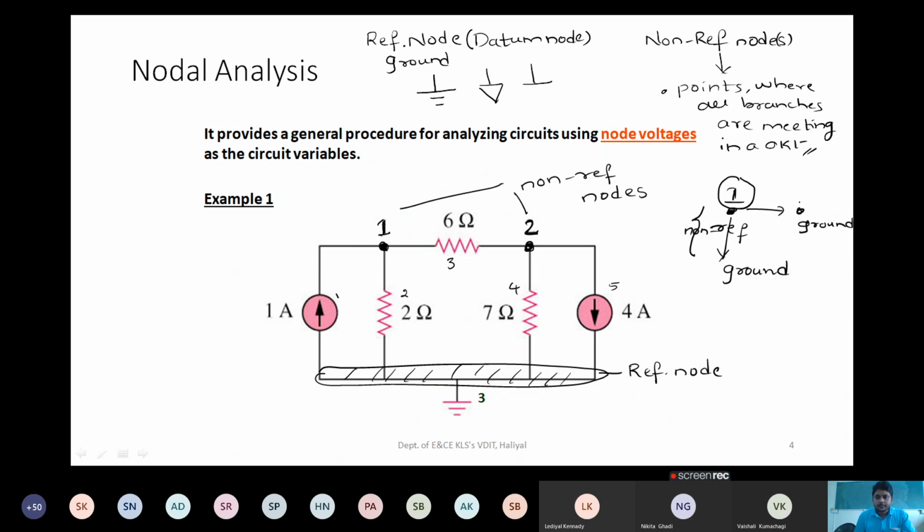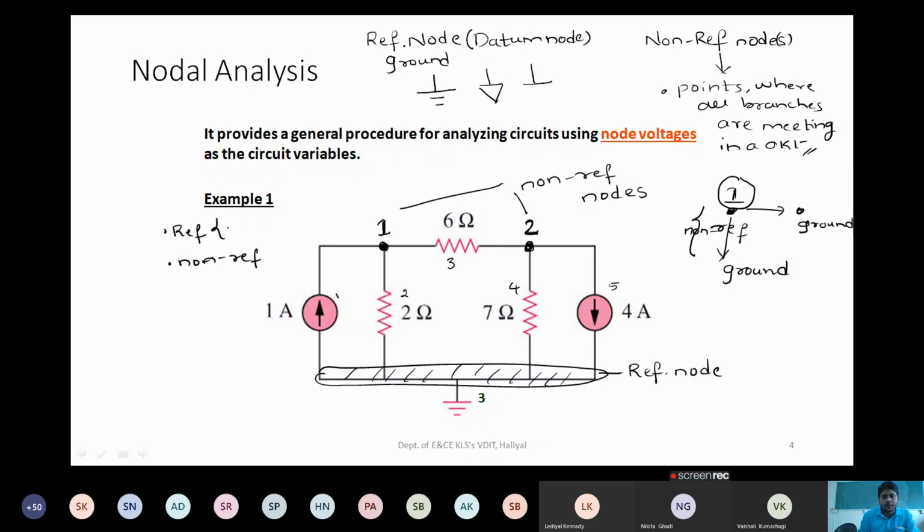So we need to identify these things first, then we can go for the nodal analysis. Quickly, what you have to do first is identify the reference node, followed by the non-reference nodes.